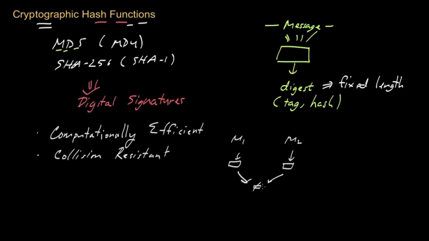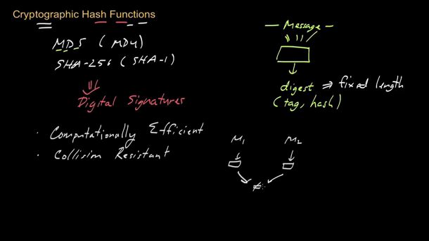We know that they exist by virtue of the fact that there are many messages that can be hashed and only a finite and relatively small number of possible digest values. But aside from that consideration, it should be hard. It should take a long time, and by long I mean an astronomically long time, to find two distinct messages that would result in the same output under the application of the hash function.